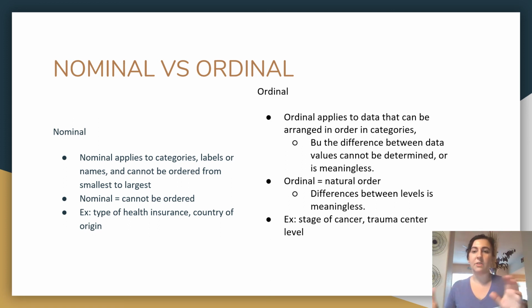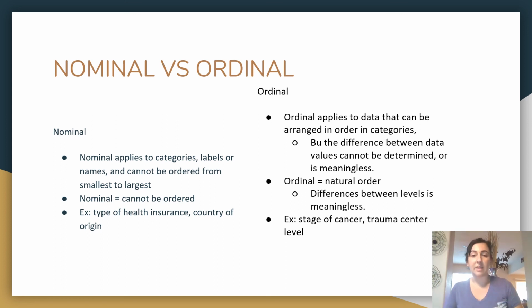So the differences between the values don't really matter, but they can be ordered. What if you're looking at the different stages of cancer? In your study, you're not putting any numerical value on it, so the differences between the data values in each level don't really matter because you're doing a qualitative study.